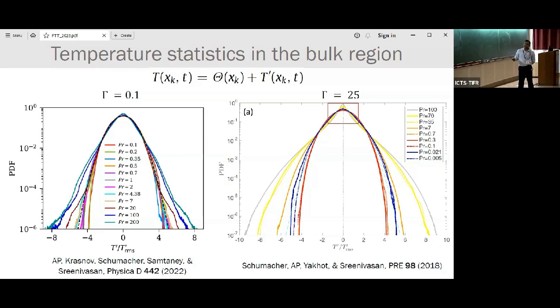And the reason for these stretched tails as we go up in Prandtl number is again the low mixing of the high Prandtl number fluid. The time scale is much larger, and the plumes or anomalies penetrate into the bulk, and they still have large temperature difference compared to the ambient fluid and contribute to the PDF.